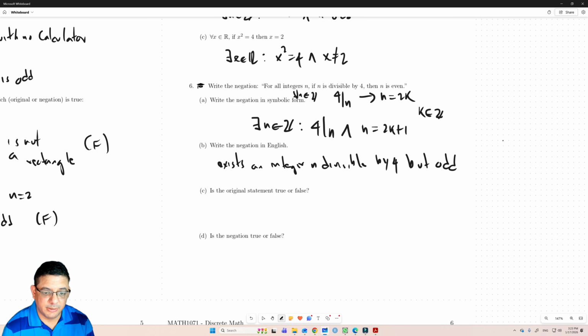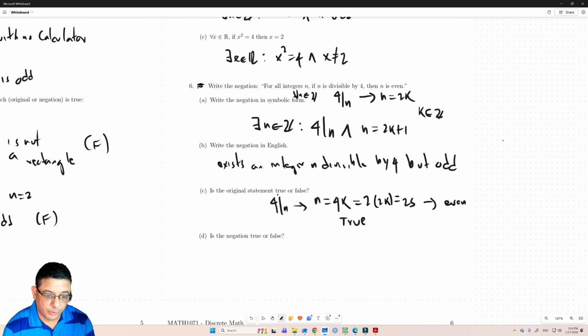Is the original statement true or false? Well, the original statement is going to be true. Notice that if n is divisible by 4, that implies that n is 4k. And if it's 4k, then it's twice 2k. So it's twice an integer. So that implies it is even. So the original statement is true.